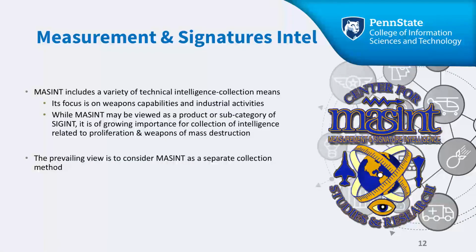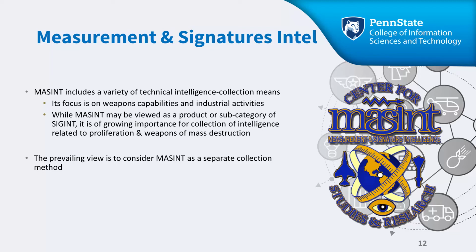The next intelligence discipline is called Measurement and Signatures Intelligence, or MASINT, a variety of technical intelligence means. Now, this probably has less relevance for counterterrorism, but it is one of the classic intelligence disciplines and therefore merits mentioning here. The focus of MASINT and the various MASINT measures, and there are a bunch of them, are on weapons capabilities and industrial activities.